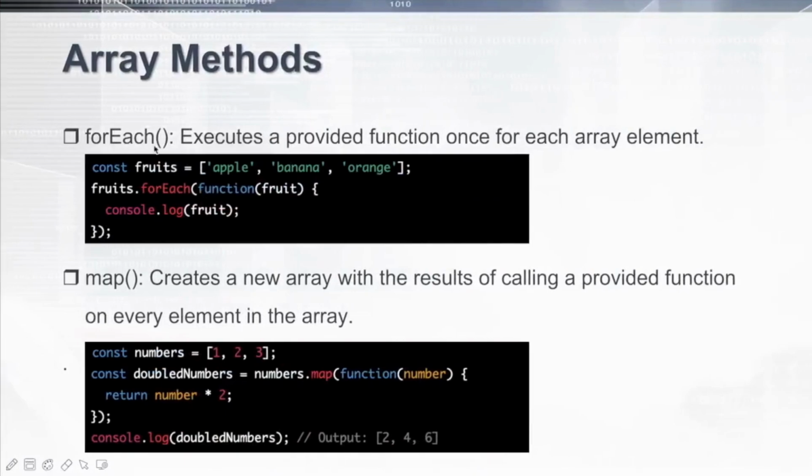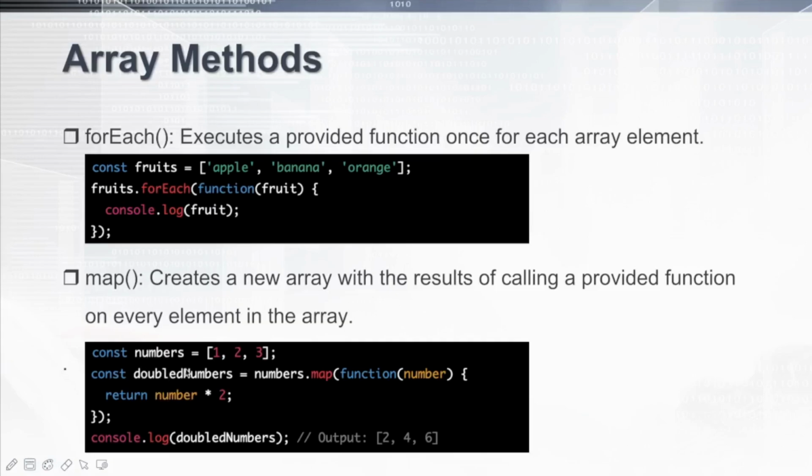So we have the forEach and the map method. They are both used to loop over an array, get the elements one after the other, and perform an operation on the element. In the case of map, aside from performing an operation on the element, you can as well create a new array with whatever operation you perform with the element.